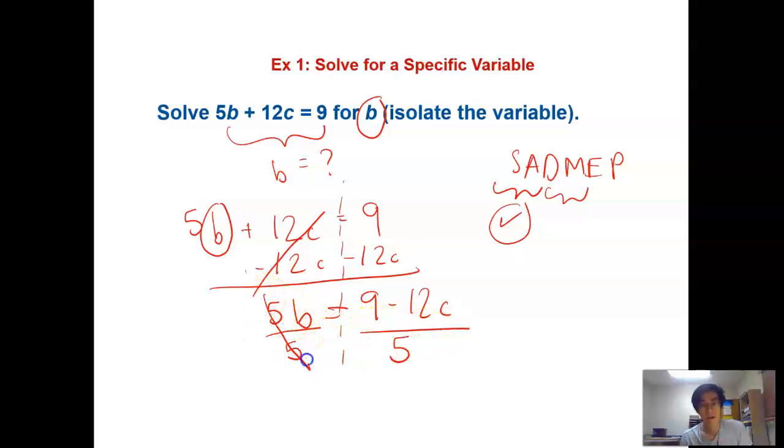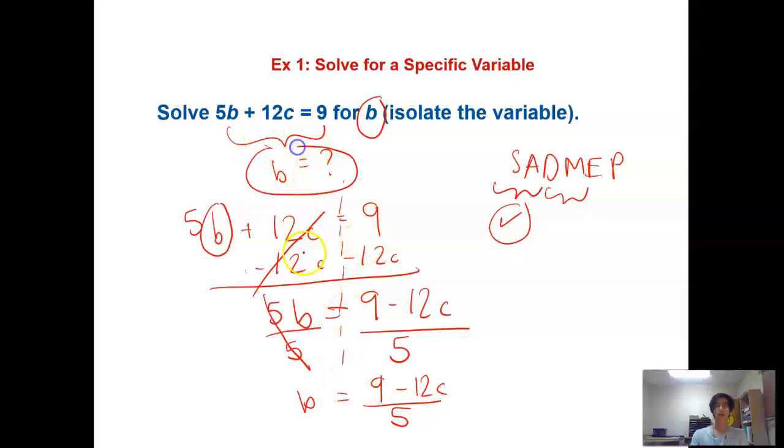So 5 divided by 5 is going to cancel out, give me 1, and that's going to give me b equals 9 minus 12c over 5. And now, is b by itself? Yes, it is. So b is equal to 9 minus 12c divided by 5.